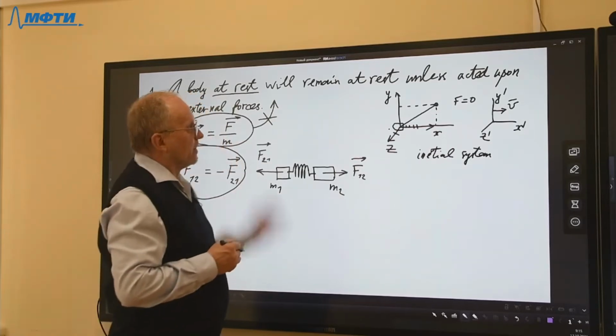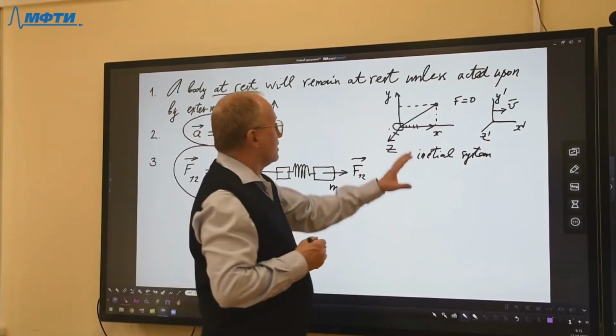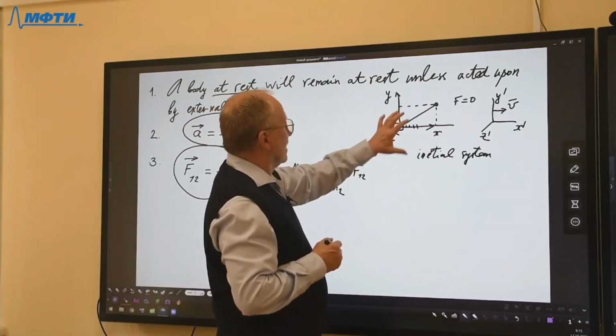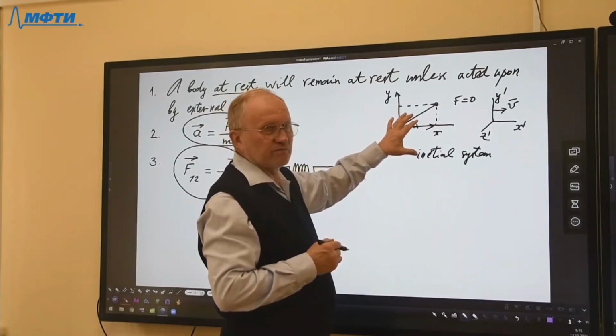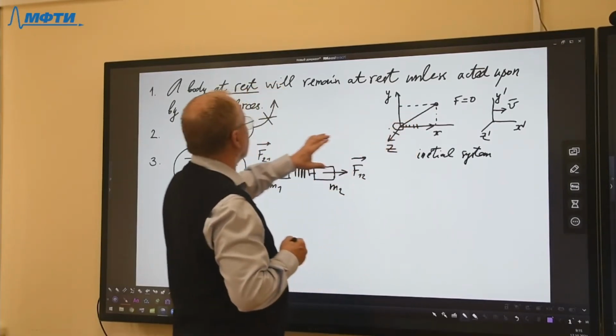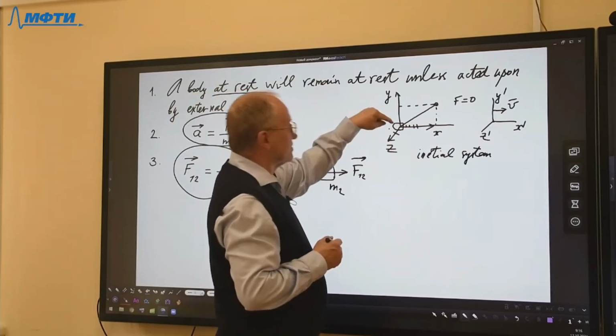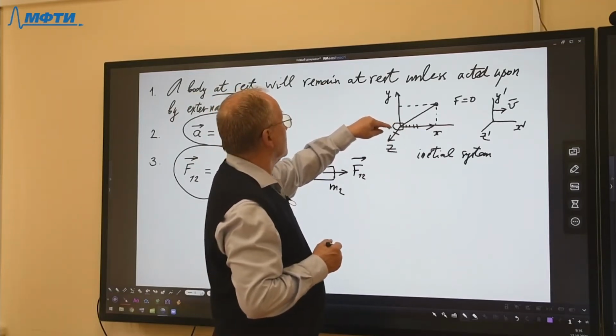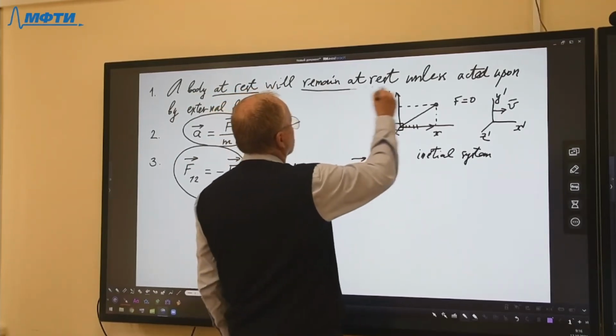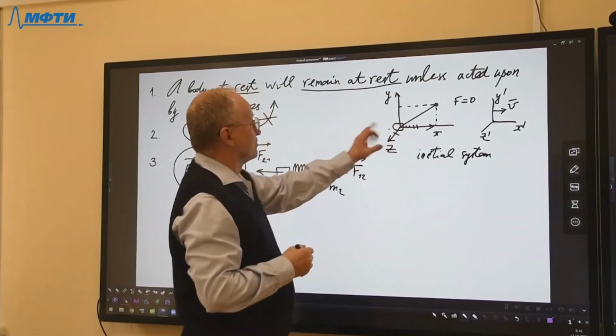So, if there is at least one inertial reference frame in our world, then a body at rest with respect to this inertial reference frame will remain at rest unless acted upon by external forces.